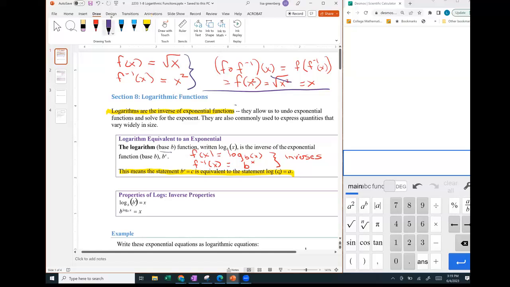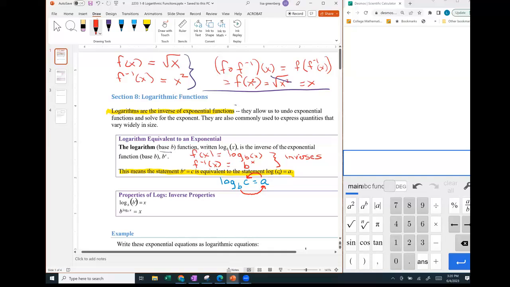Some people have learned this, and I'll show this part to you because it's a very nice way to remember, or just to look at a function and be able to see what it means. So if I have log base b of c equals a, and I take an arrow from b to a and back to c, sometimes I've heard people refer to this as the around the world rule.